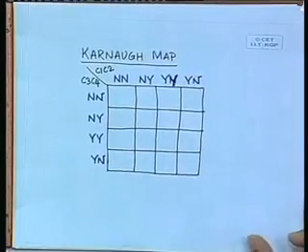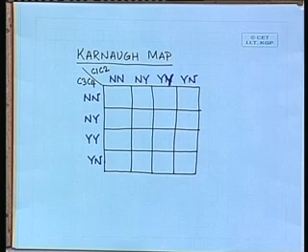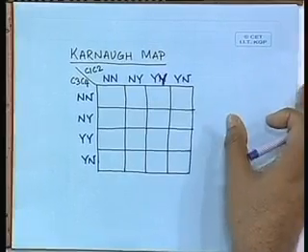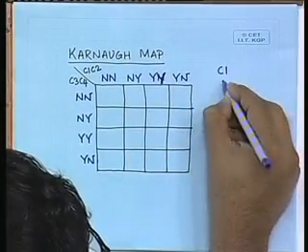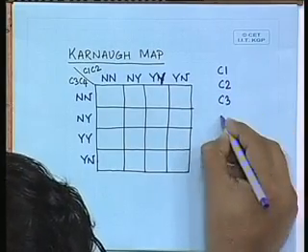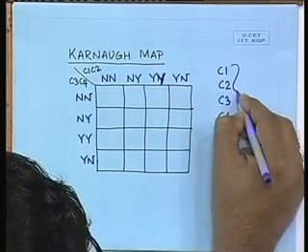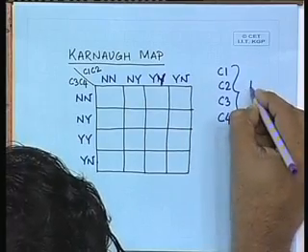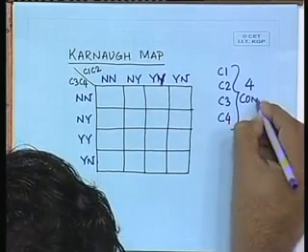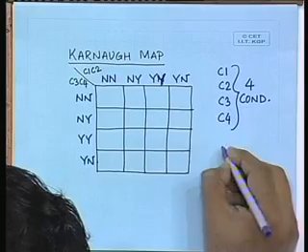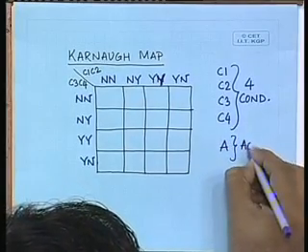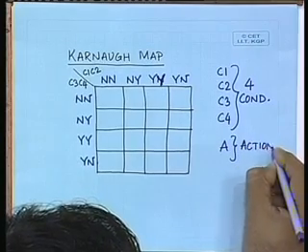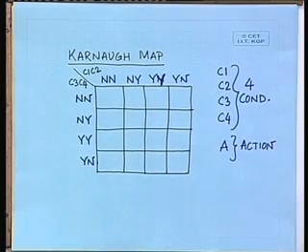See, let us say there are 4 conditions C1, C2, C3, C4, right, and on the basis of these 4 conditions, the action is A. And we have an action called A.